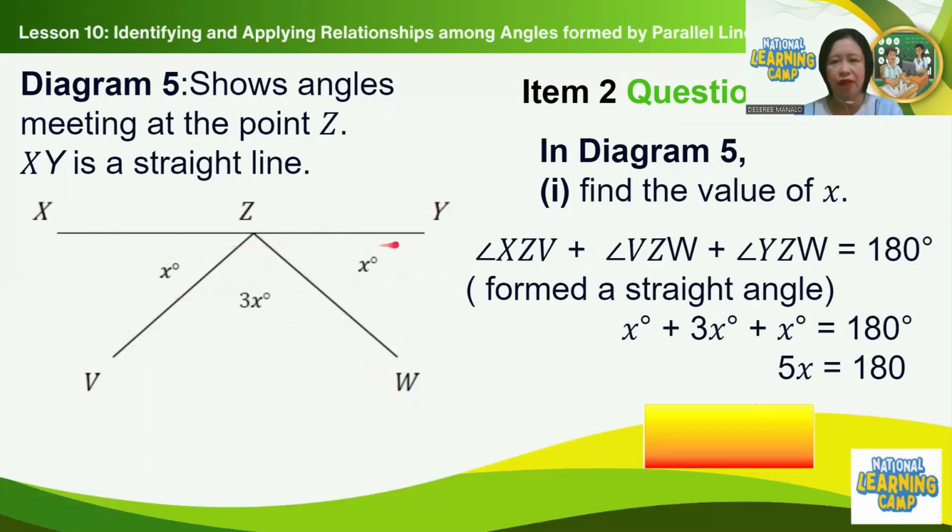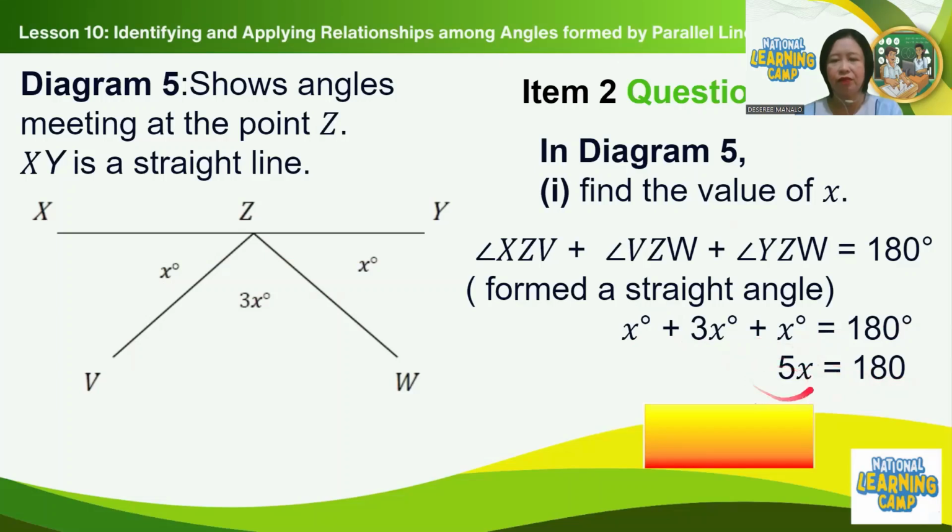As we all know, it is a straight angle, equivalent to 180 degrees. So what you will do is add x degrees plus 3x degrees plus x degrees is equal to 180 degrees. Adding the x, 3x, and x, we have 5x is equal to 180.